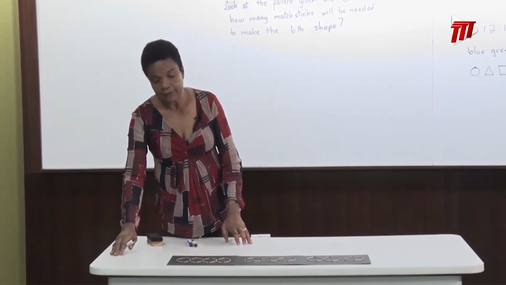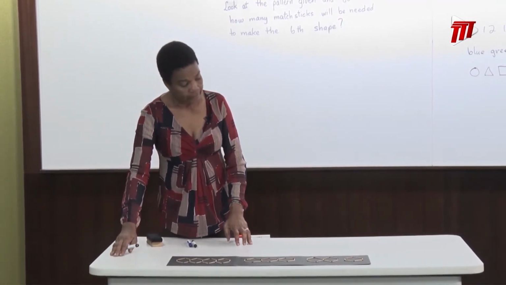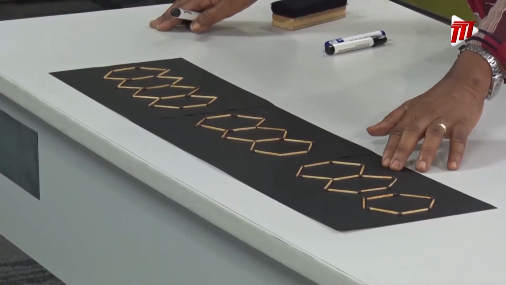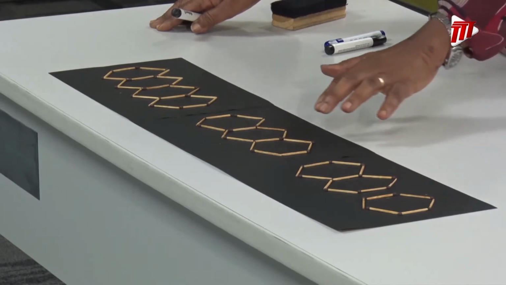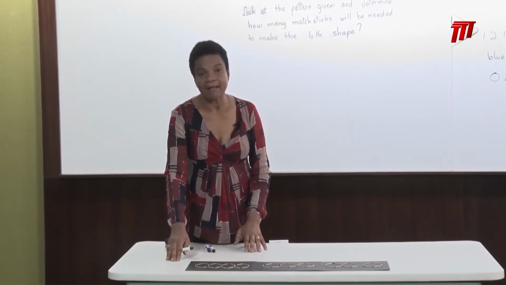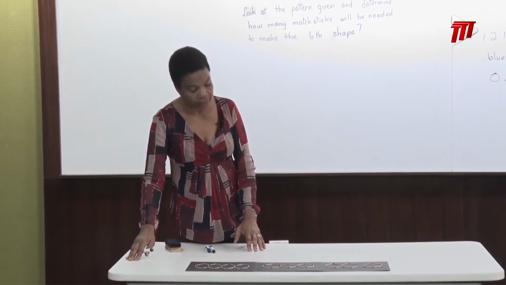And just like that, the sixth shape. Okay, so if the first shape has 1 hexagon and the second one has 2 hexagons, the third has 3, and the fourth has 4, we can infer that the fifth will have 5 hexagons and the sixth, 6 hexagons.